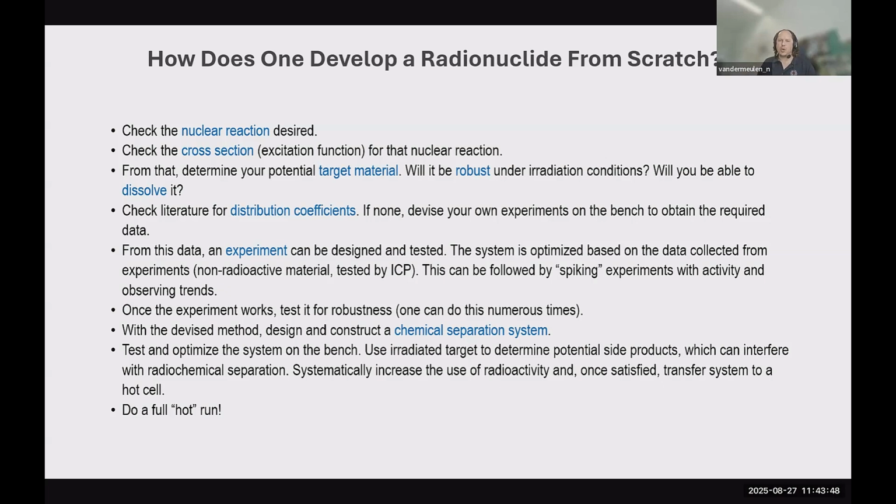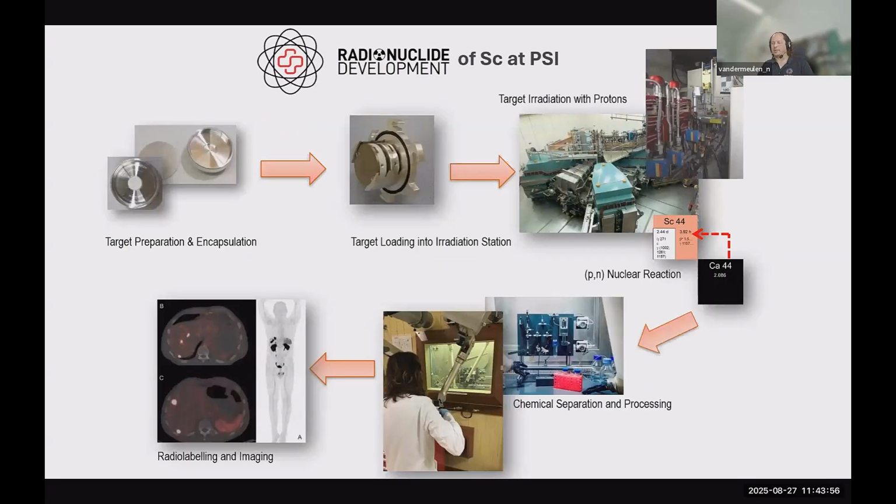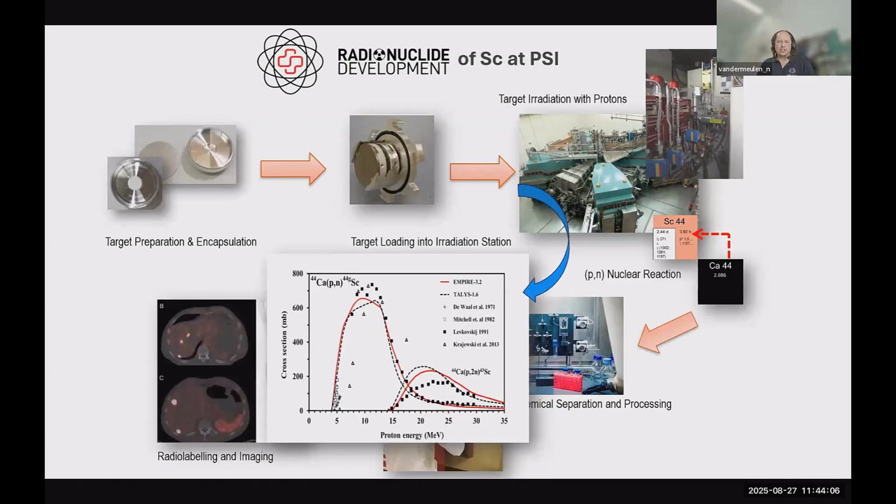So it's quite the challenge to get it from the concept of a little idea into a hot cell for initial irradiations and separation. So this is what we've done in the case of scandium. The whole concept is also looking at the specific cross section, and the cross section here for scandium, looking at calcium, we would irradiate with protons, and you can see at around 10, 11, 12 MeV, that's where we get some pretty high scandium quantities.